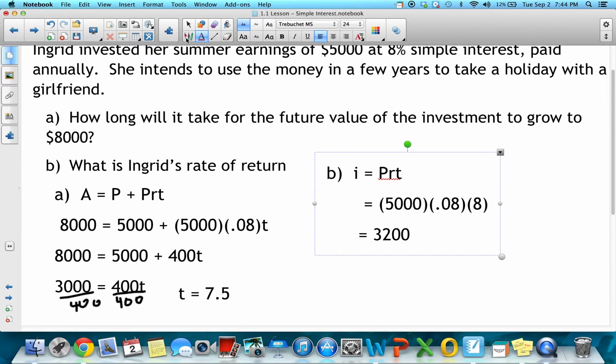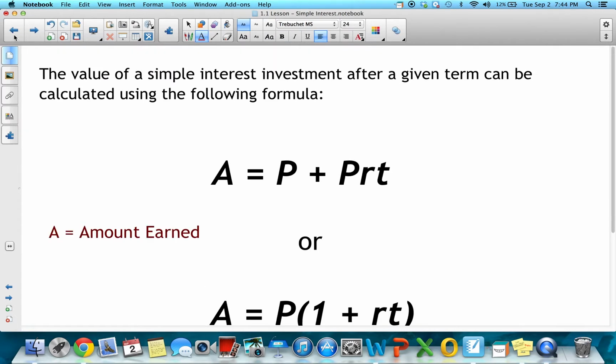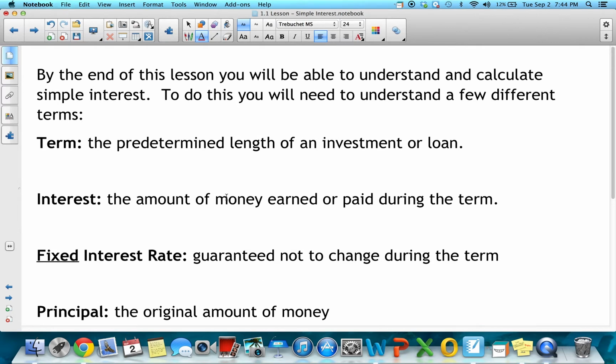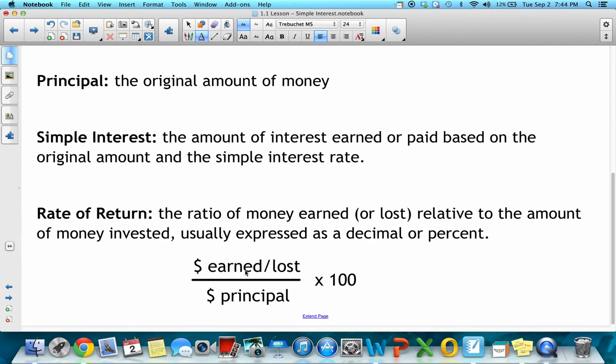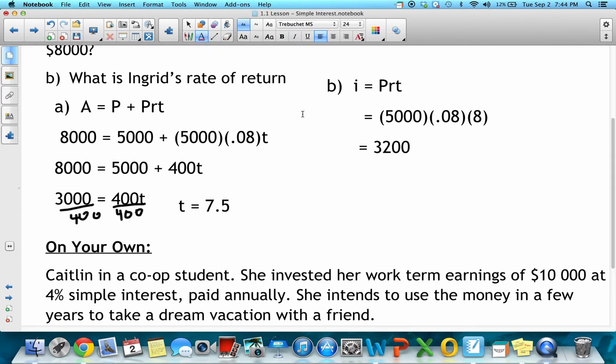Now, to figure out Ingrid's rate of return, if you go back to your notes, we figured out that rate of return was the amount of money you earned divided by your original principal multiplied by 100. So our rate of return here is going to be equal to the amount of money we made, which was $3,200, divided by our original principal, which was $5,000.